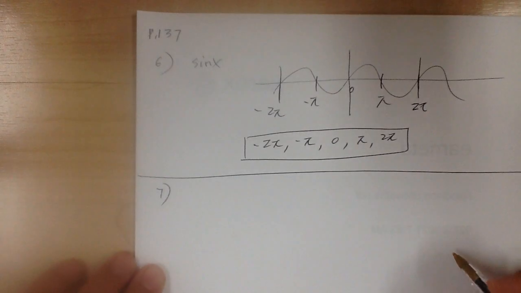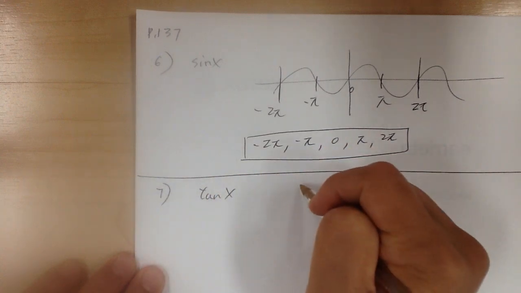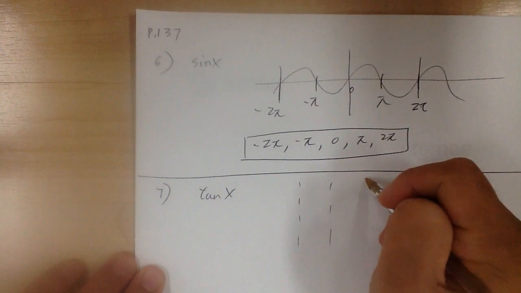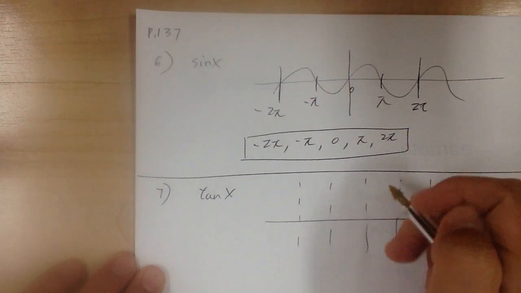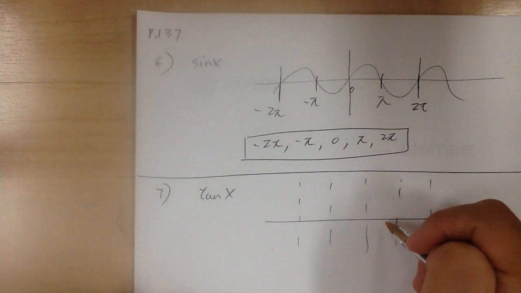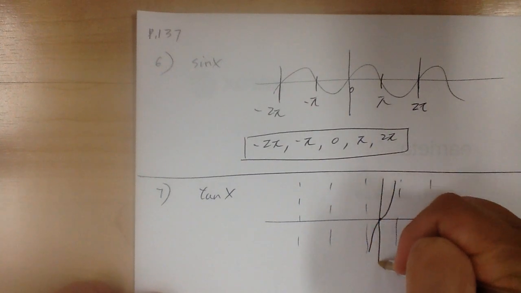Okay, number 7, tangent x. This is the axis over here.